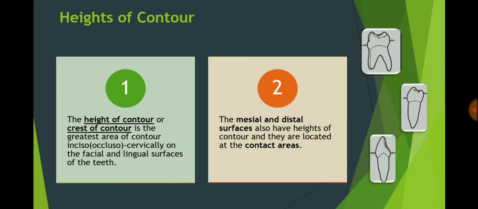The mesial and distal surfaces also have heights of contour, and they are located at the contact areas. So the mesial and distal heights of contour usually are in the contact areas. Now we're going to discuss more of the facial and lingual heights of contour.